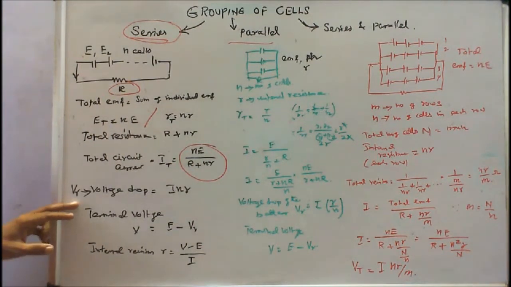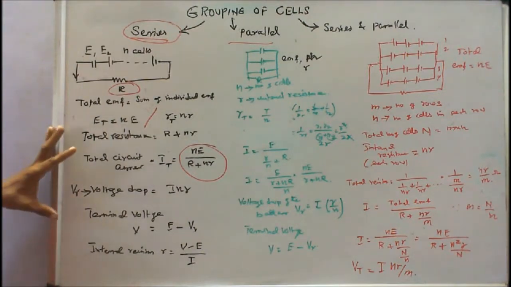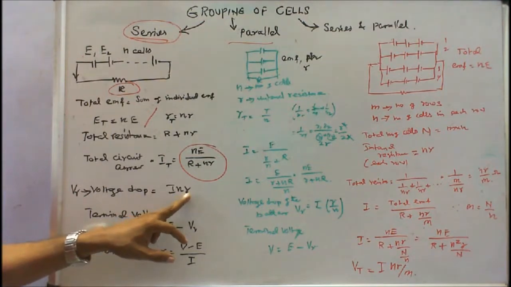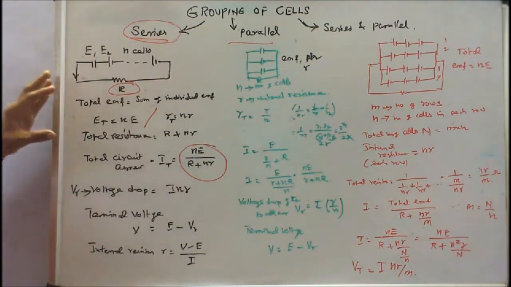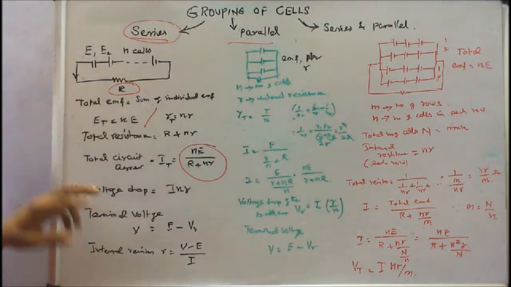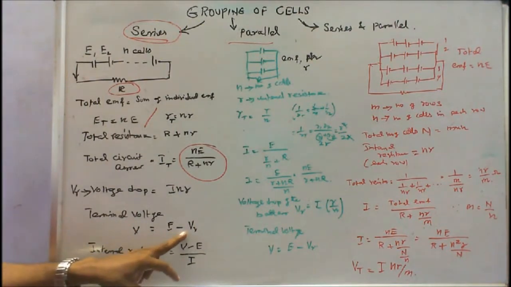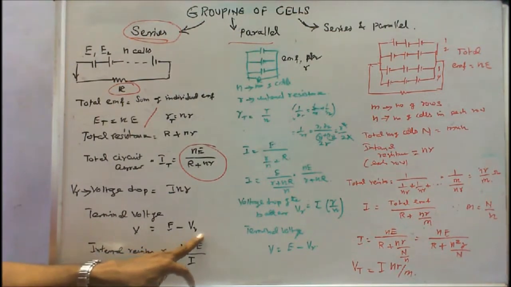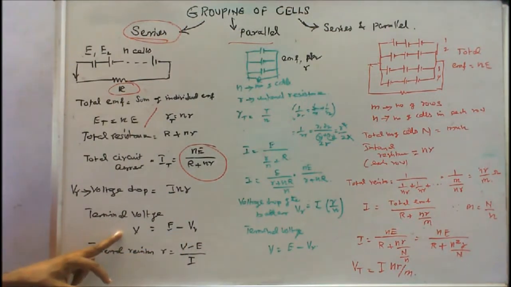Here, what is the voltage drop due to the internal resistance? That is current into N into r, where r is the internal resistance. Therefore, the terminal voltage is equal to total EMF minus total voltage drop, E minus VR. This is the terminal voltage.